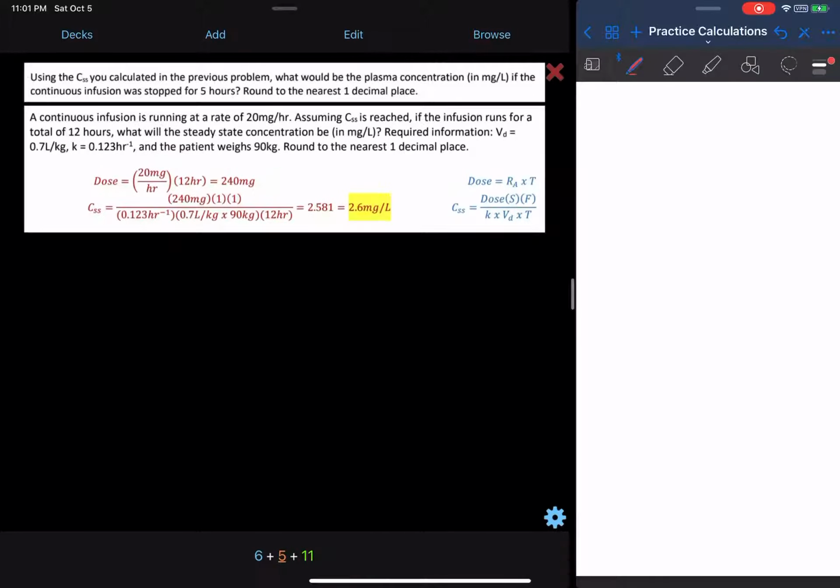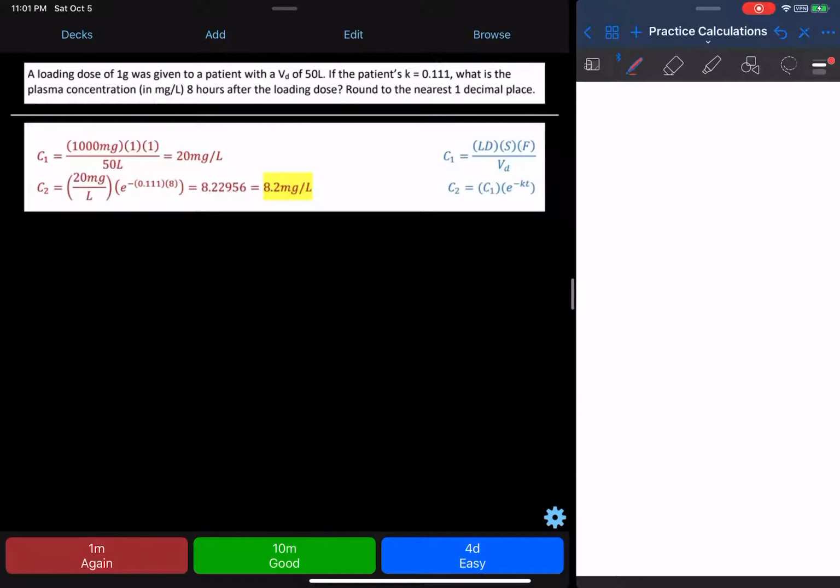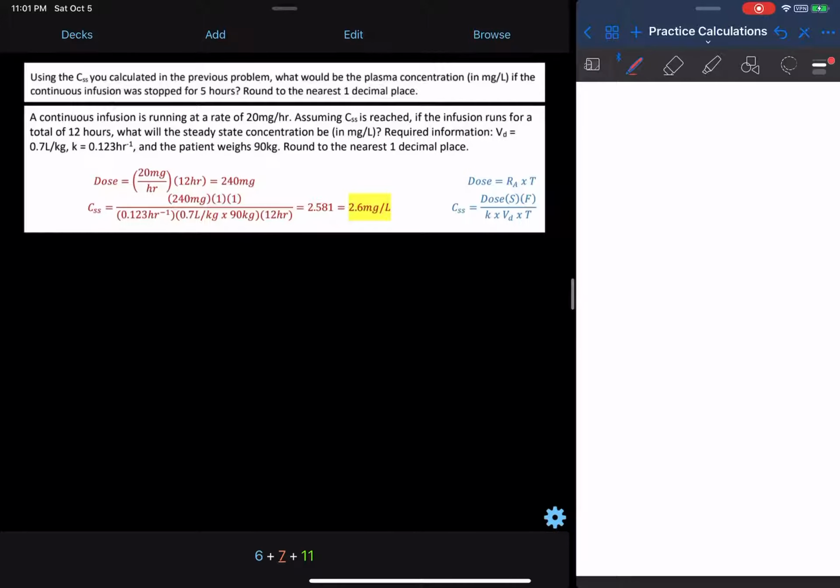Okay, this was one of the mistakes I made last time I was reviewing this deck. Also, continue on. Alright, I don't remember doing the first problem, but we'll see if we can solve it.